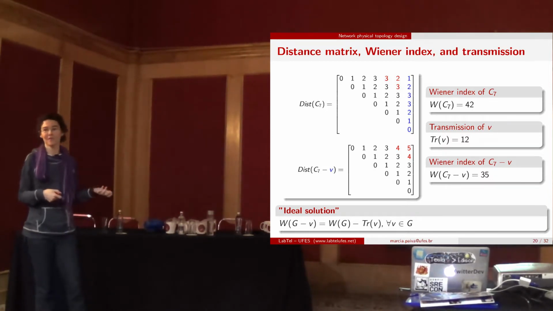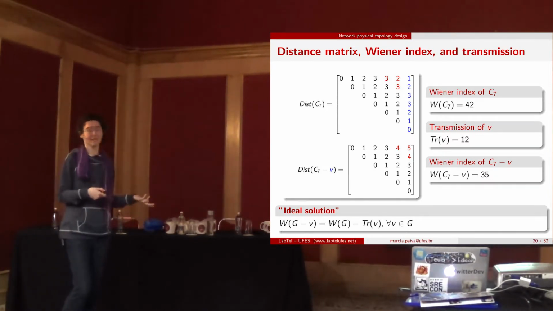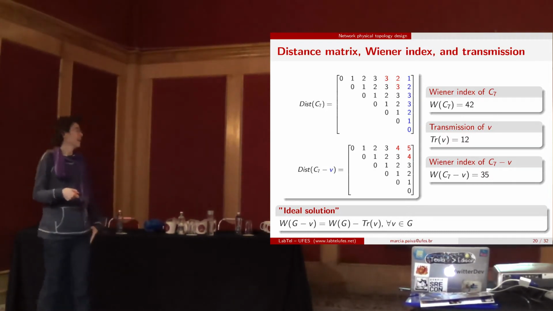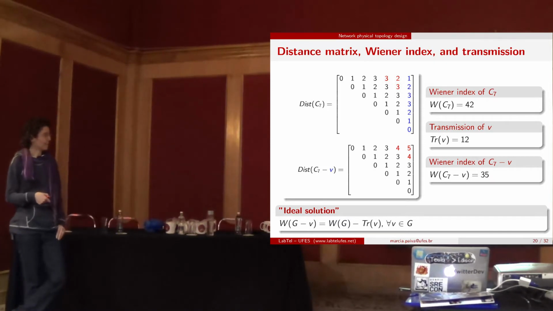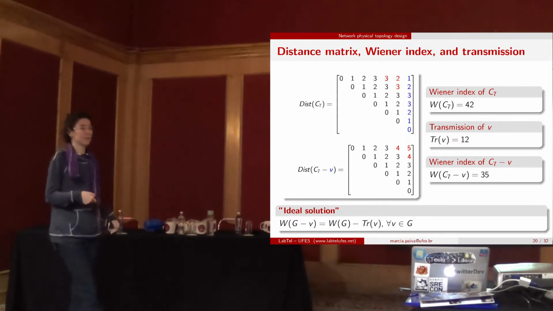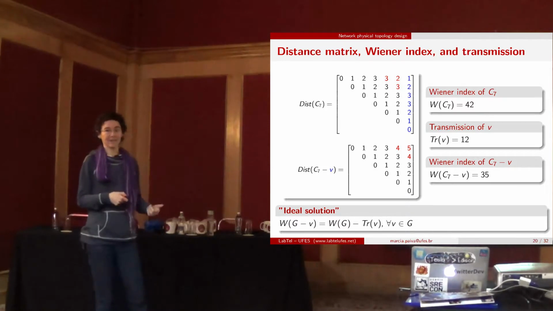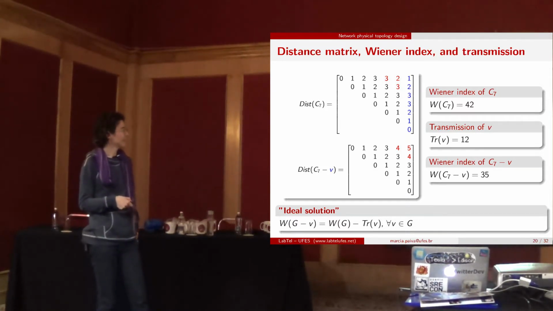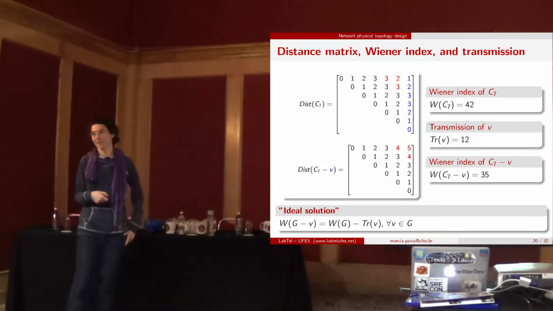Of course, all nodes are equivalent in that topology, so I could choose any one. So the transmission, that is the sum of this column, is 12. Then, if we take this new matrix of the C7 minus this node, and we compute again the Wiener index, we will get 35.